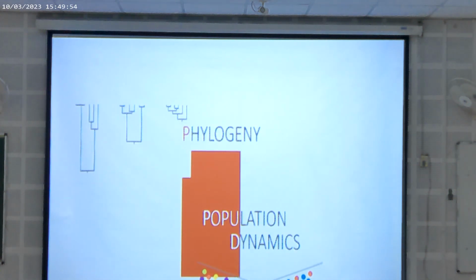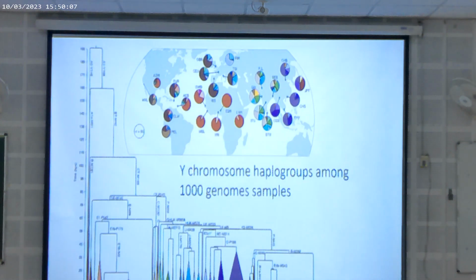And then to some of the results that we have got in past years, first about phylogeny and some of the population dynamics. It was in 2016 when David Poznik published a paper on the 1,000 Genomes samples' Y chromosomes. Because this is a public repository, it is very important.